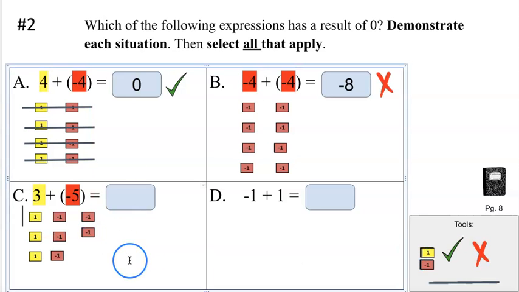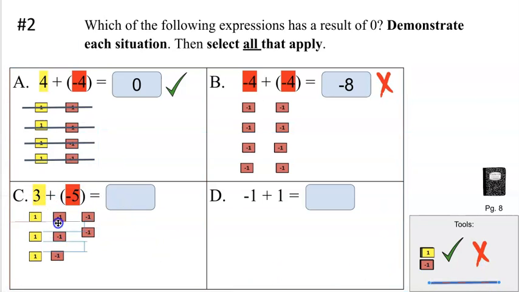All right, now I'm going to create 0 pairs. Yes, I have red and yellow, so I'm going to go ahead and get my stick here and make those. Oh, I'm going to move this over right there, and I'm going to get another one, and here. And oh, you know what? I probably should have moved this over here. I can move it back if I need to. And my next 0 pair. You know what? I don't need to move them back.